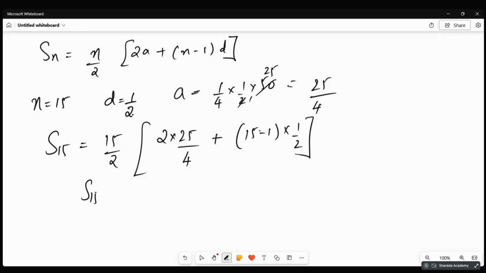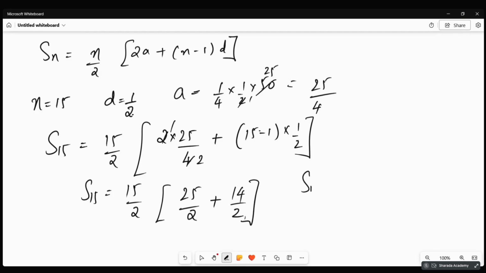So how much you will get? Here 15 by 2 into, you will get 25 by 2 plus 14 by 2. 15 by 2 into 25 plus 14, that is 39. Right?